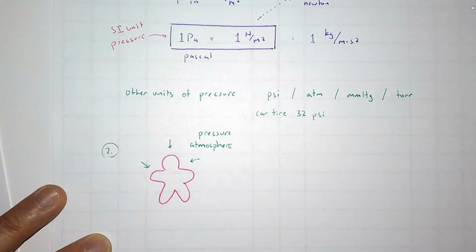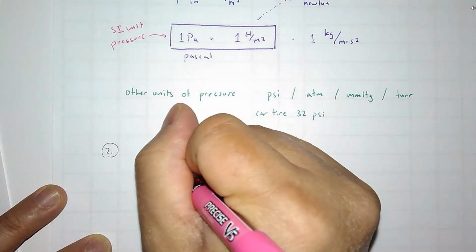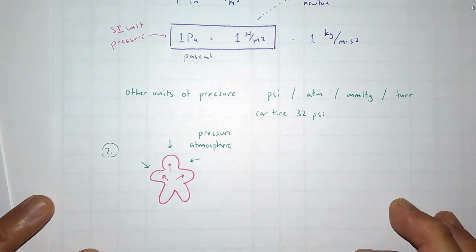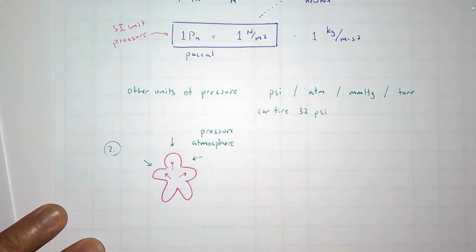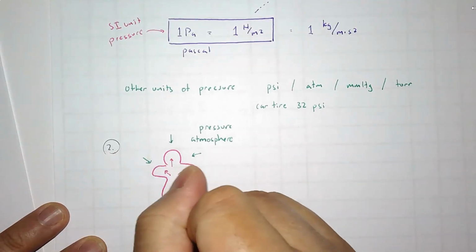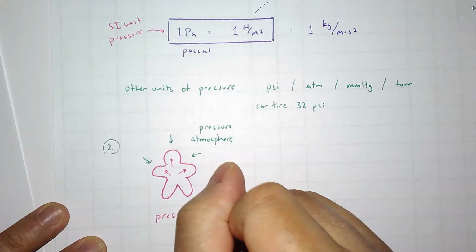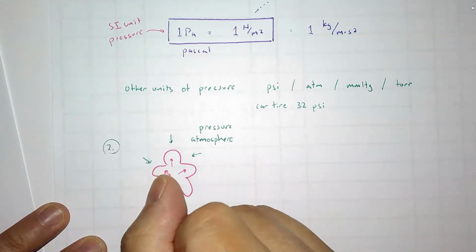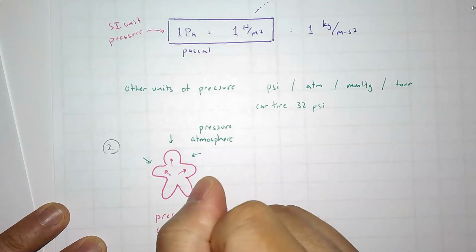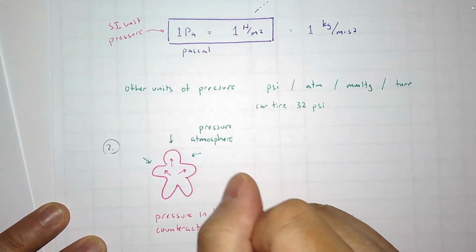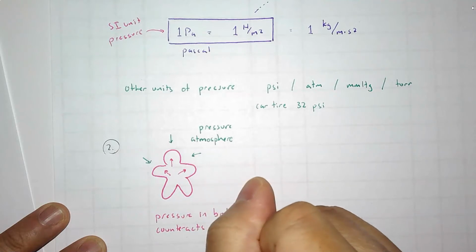It's because we have an equal pressure exerting away from us. So the pressure in the body counteracts the pressure in the atmosphere. Perfectly balanced, right? We'll call this now the P of the atmosphere, ATM.